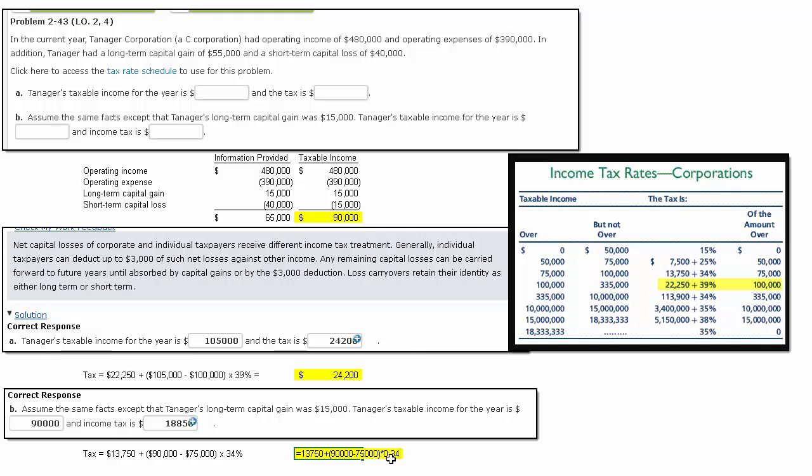And on the last one, we did the same kind of math. If I hit F2, you can see, oh, this one I just did $22,250 plus $1,950. I didn't even work the math out in that cell. All right, and that's how we would come up with the answer for part B.